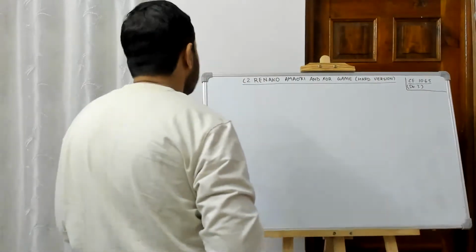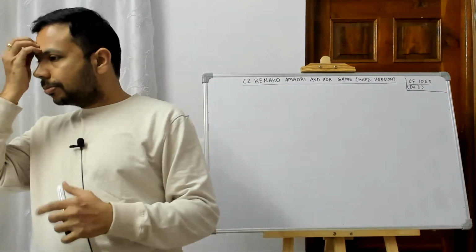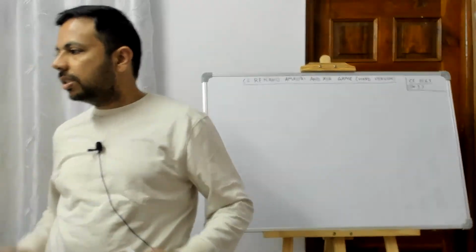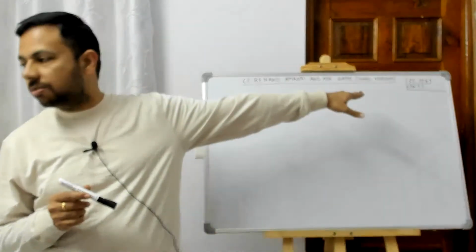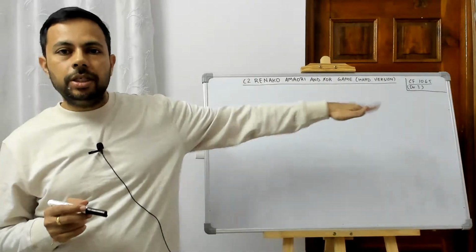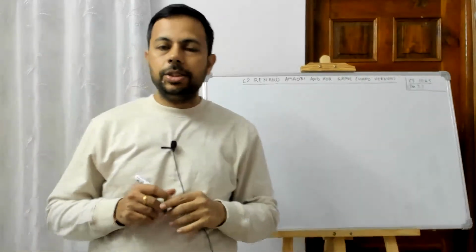Hard version. Let me read out the problem. This is the hard version of the problem. The only difference between the easy and the hard version is that in the hard version, the elements in array A and B can be as large as 1 million.